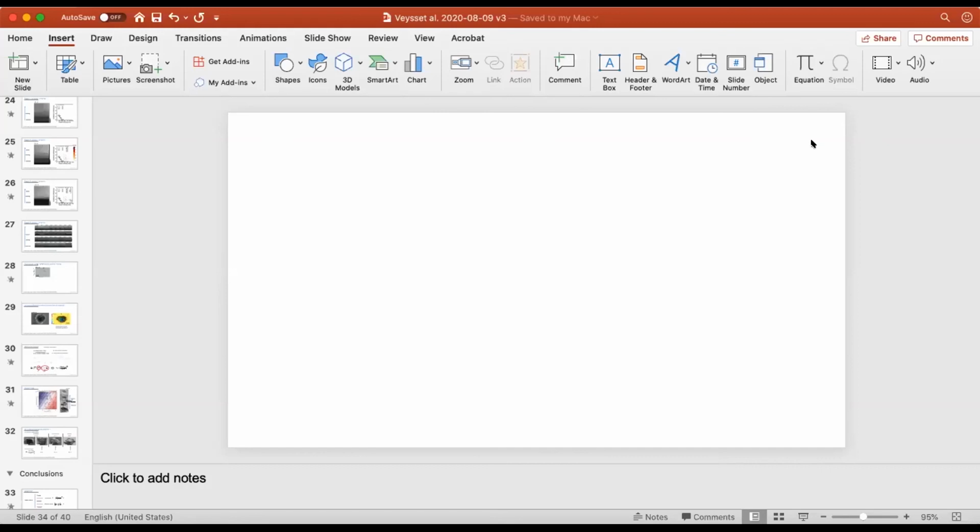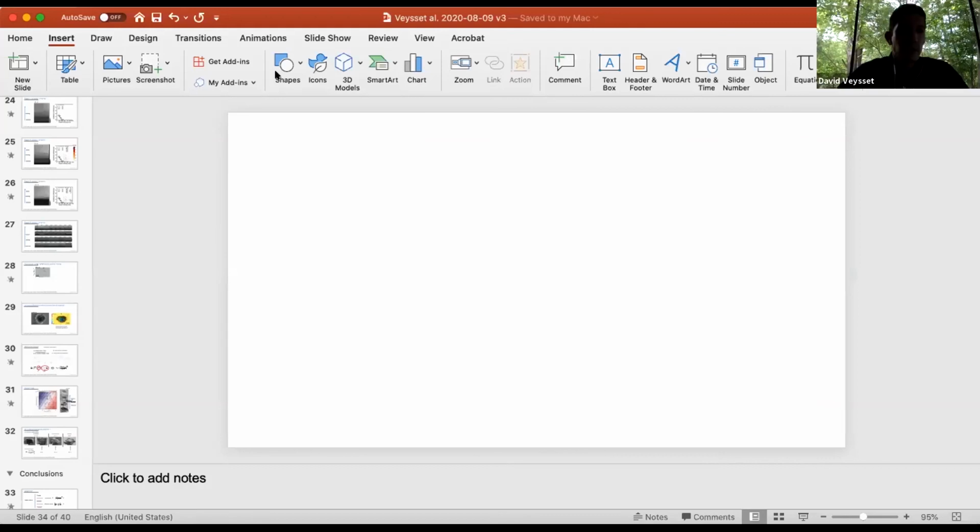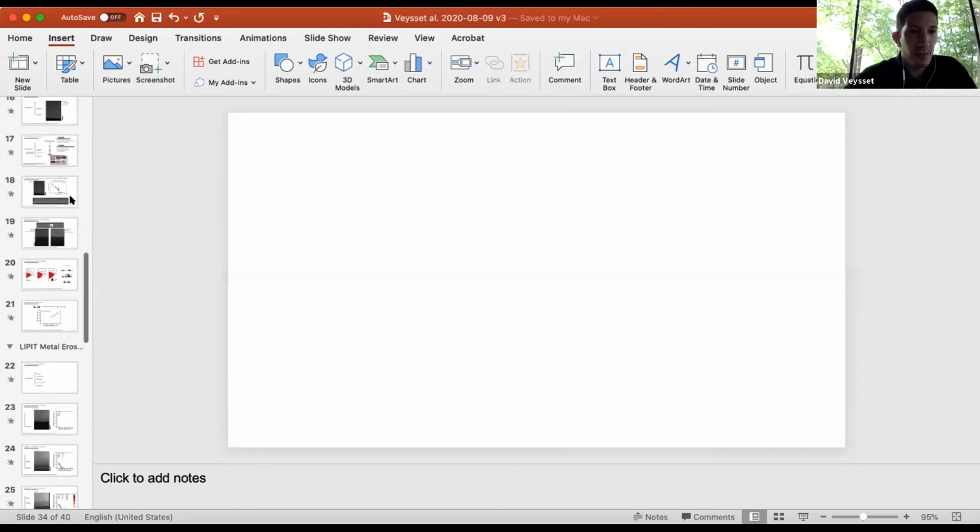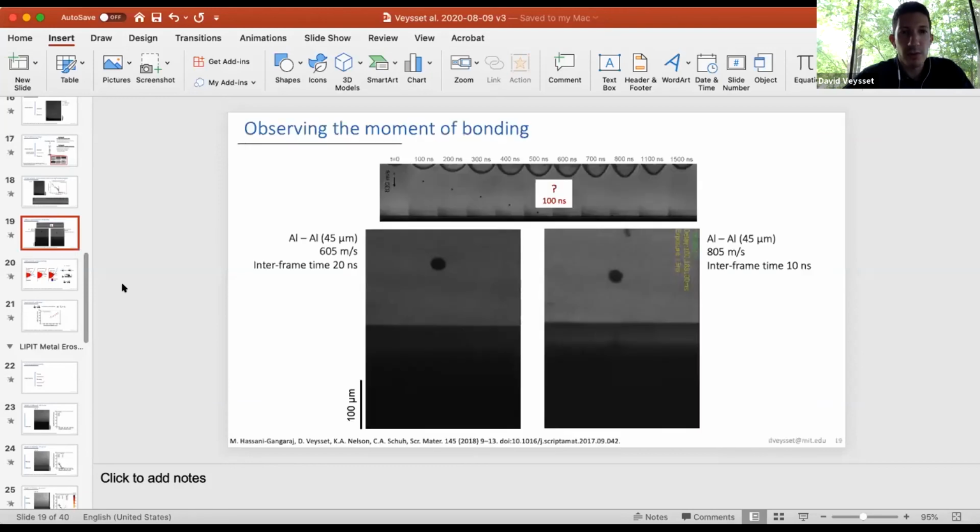So your first question was whether or not the particle is melted. So is it solid or liquid? The particle is solid. When we shoot, the particle is solid.